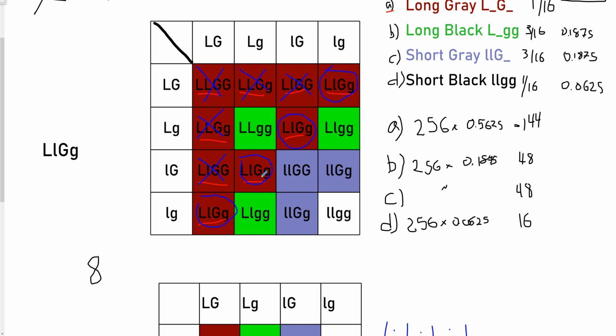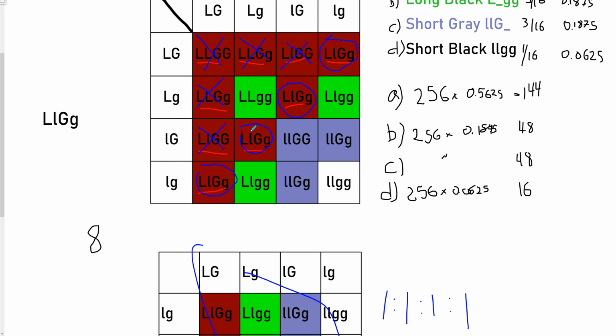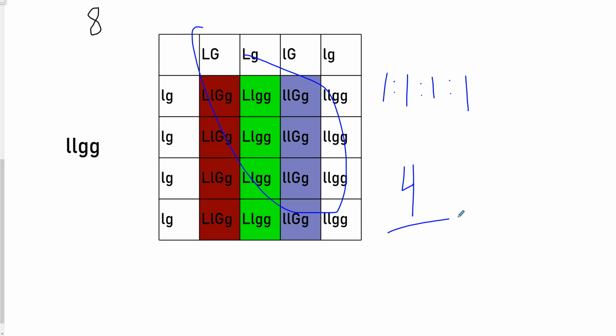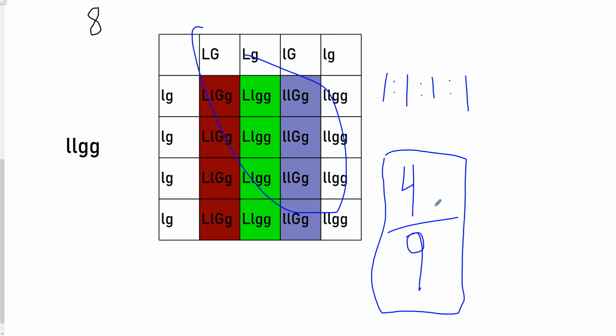So the probability of picking a random long gray fly and getting this pattern in the kids is 4 on 9, which is 0.44. It's actually 0.4 repeating, but there we go. So this is how we tackle some of these questions. Question 8 is probably one of the most difficult questions because it really requires a lot of abstraction. So I hope that helps you guys out a little bit.